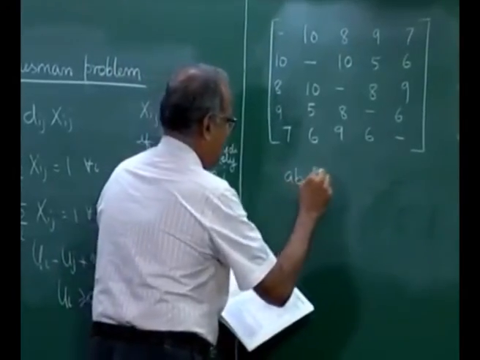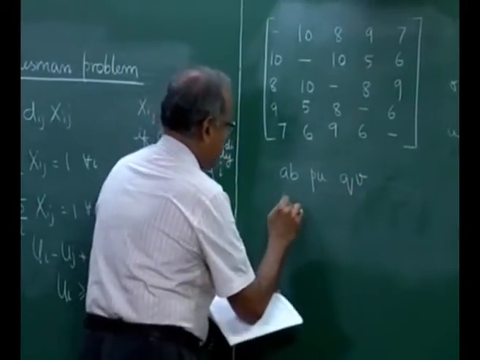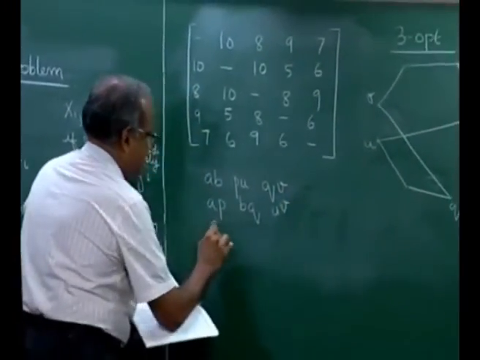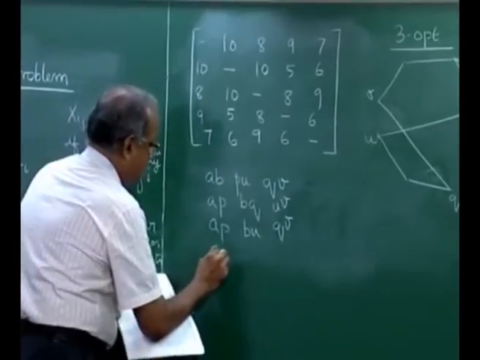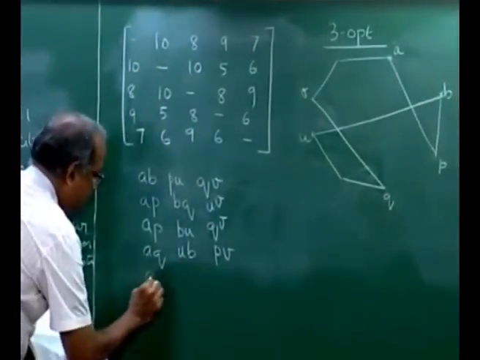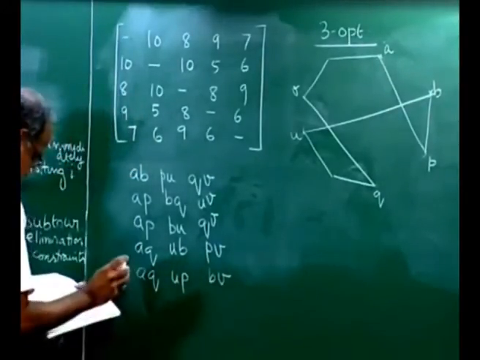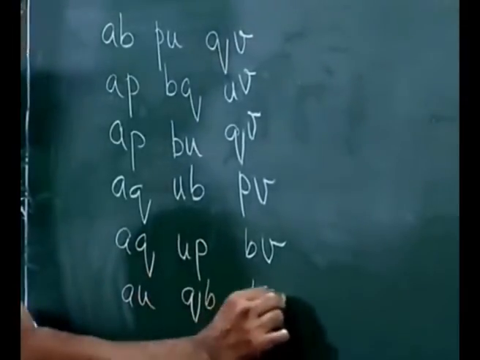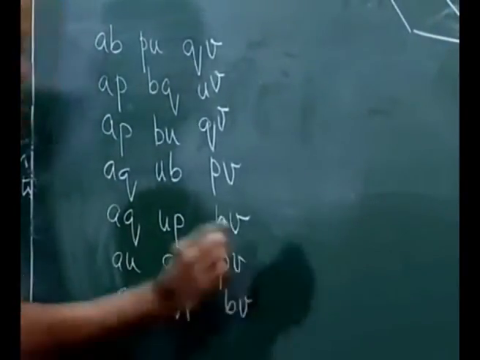We can have AB, PU, QV, AP, BQ, UV, AP, BU, QV, AQ, UB, PV, AQ, UP, BV, AU, QB, PV, AU, QP, BV.